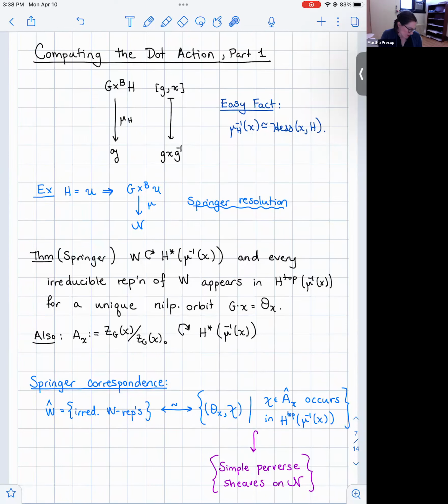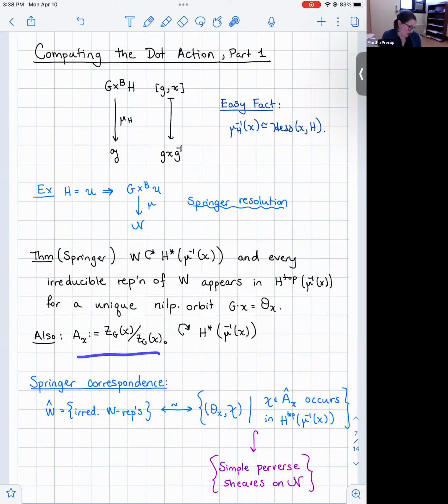But the Springer correspondence says that every irreducible Weyl group representation corresponds to a unique pair: a nilpotent orbit, comma, a representation of that component group. If you give me your favorite irreducible representation of the Weyl group, I pick the nilpotent orbit so that that irreducible representation occurs in this top degree component.